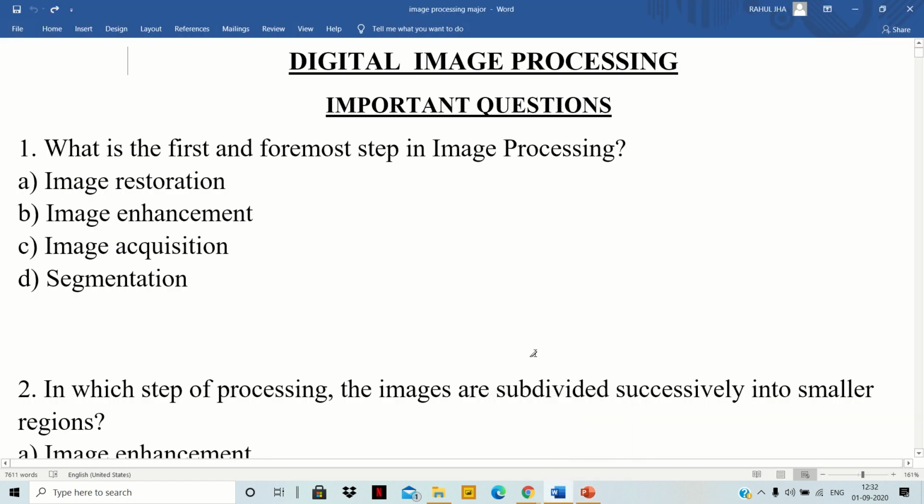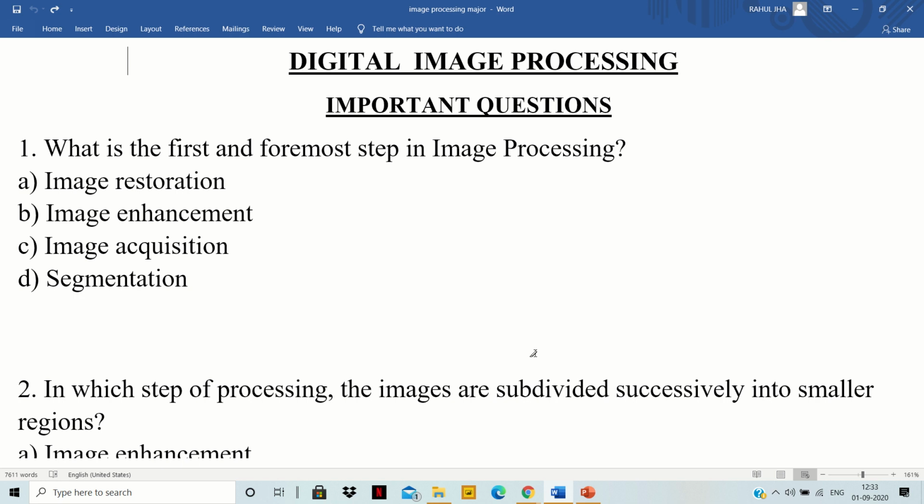Before starting this, I would like to tell you one thing: what is image processing? Image processing is basically a mathematical method in which we convert an image into digital form and perform some operations on it, so that we can extract something from an image and get some better insight from a picture.